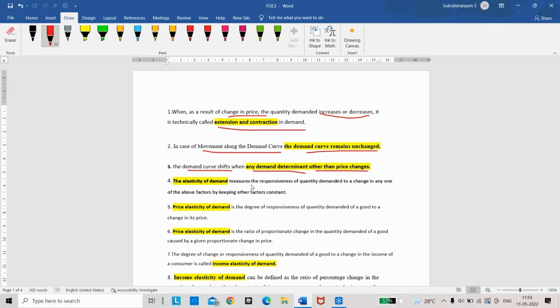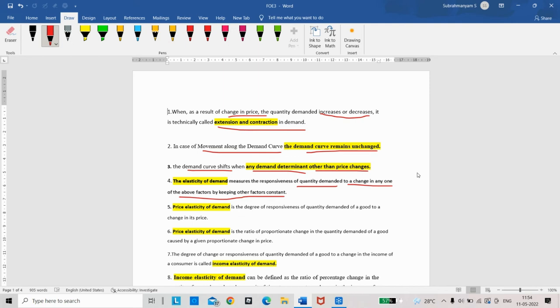Dash measures the responsiveness of quantity demanded to change in any one of the above factors by keeping other factors constant. That is elasticity of demand. That means the ratio between quantity demanded to change in one factor, keeping other factors constant.